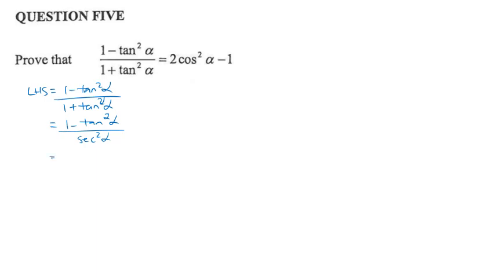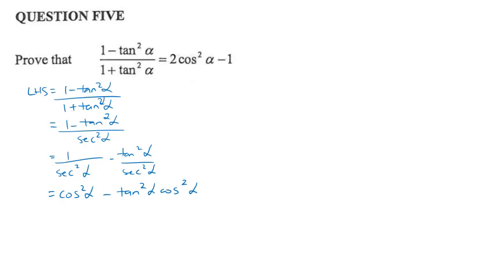So I'm going to break that fraction up into its 2 parts. So that's 1 over sec squared alpha minus tan squared alpha over sec squared alpha. 1 over sec will be cos squared, so that's going to be cos squared alpha minus tan squared alpha cos squared alpha.